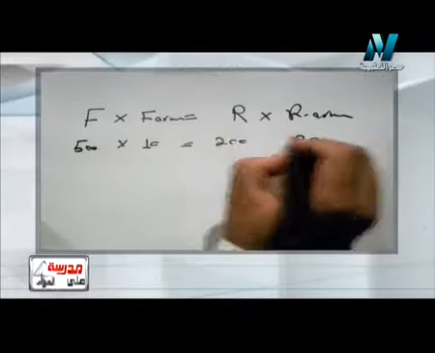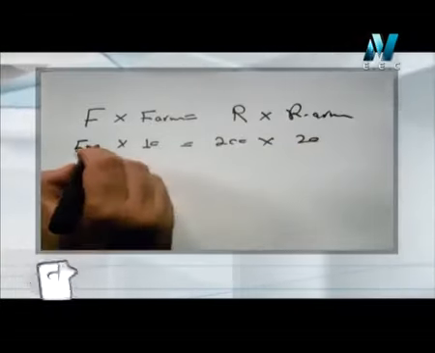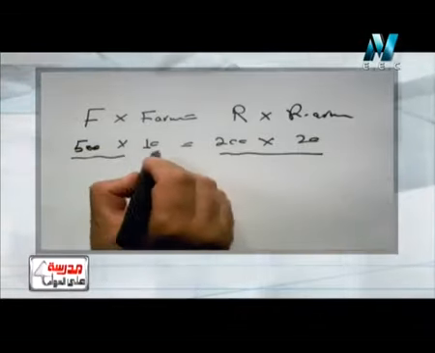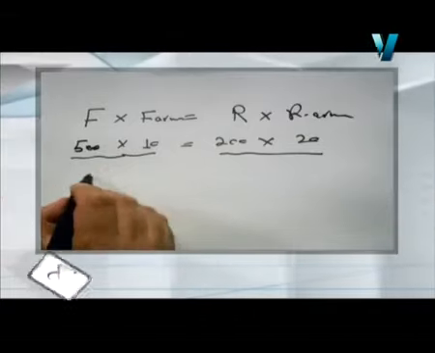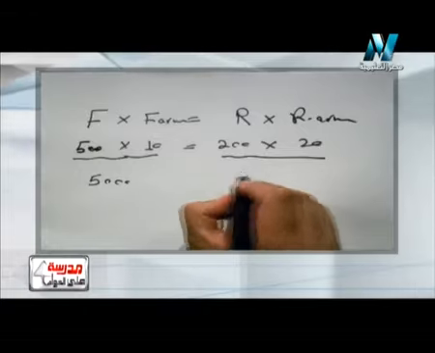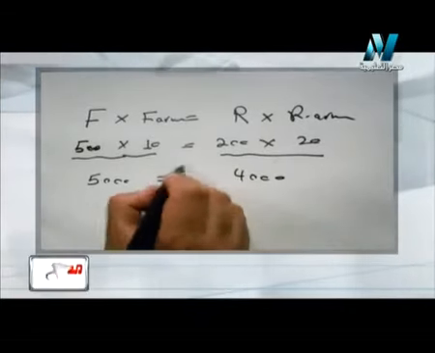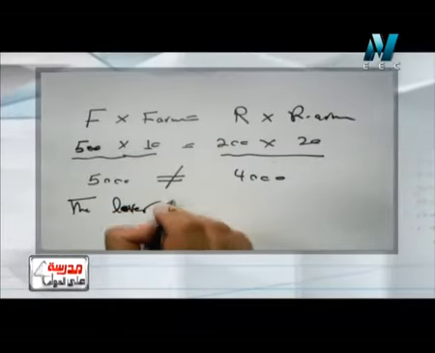Is the lever balanced or not, and why? We calculate the right side and the left side, and if they are equal, the lever is balanced. Here, 500 by 10 is 5,000. The other side is 4,000. So they are not equal, and the lever is not balanced.